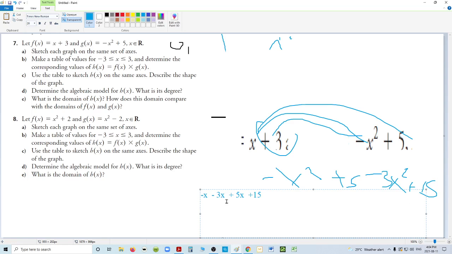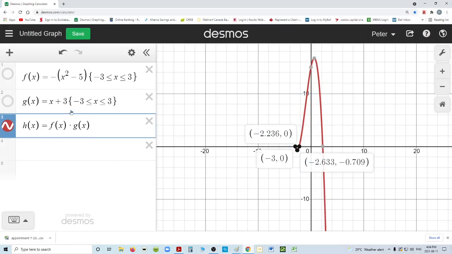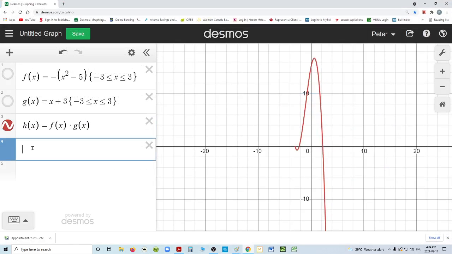So I have to put on my cube, squared, and just x. And then you could leave it like that if you wanted. So if I write this down, I should get the same as h of x.